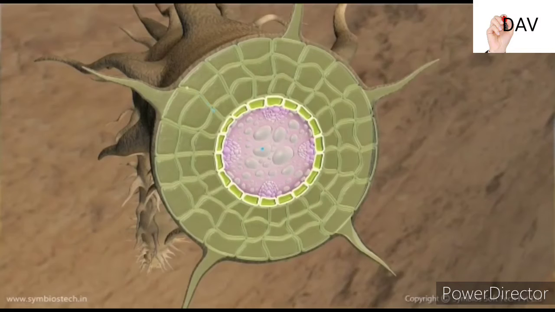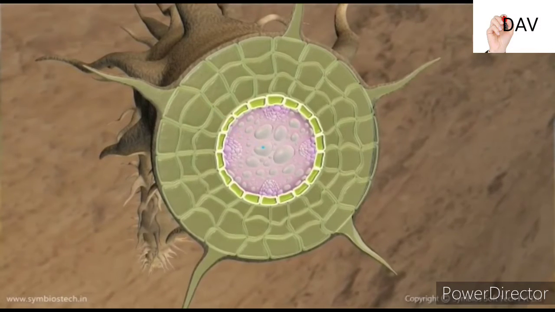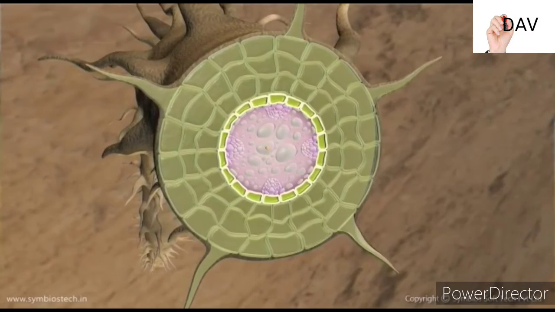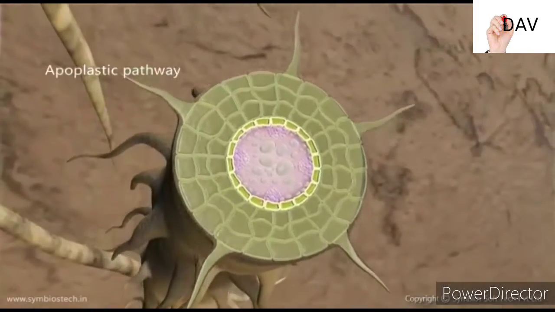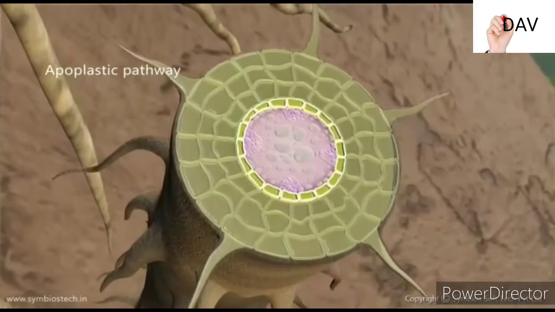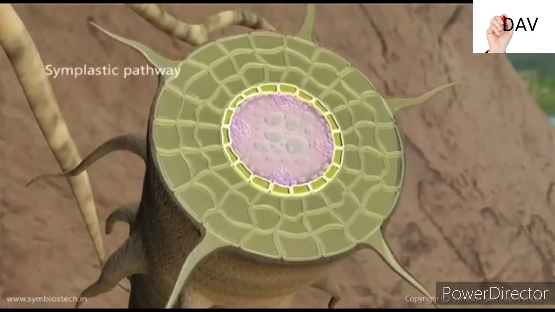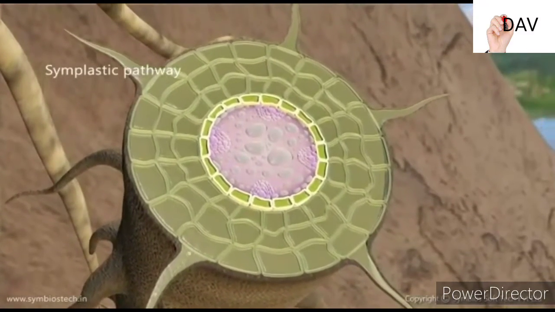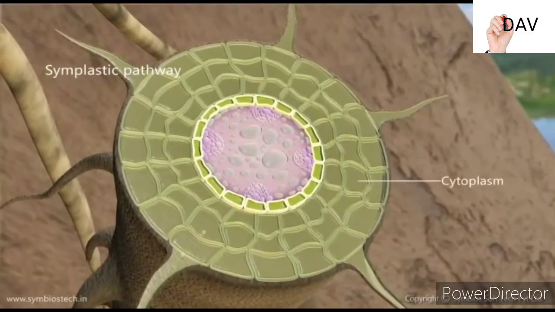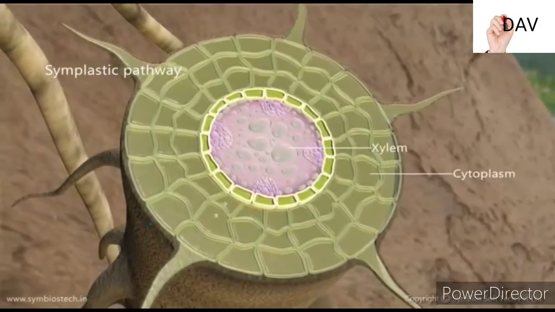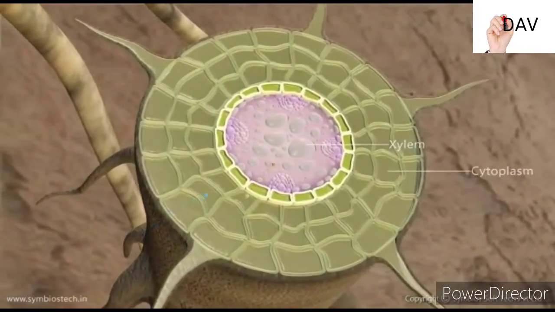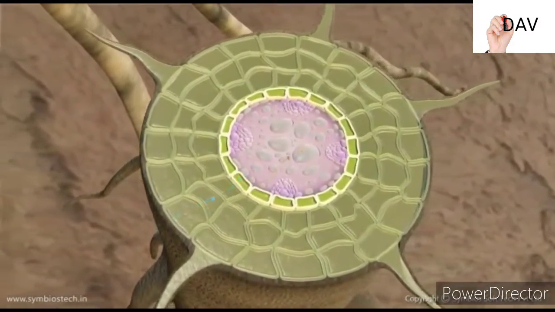And this process is carried out by two kinds of pathways. They are the apoplastic pathway and the symplastic pathway.